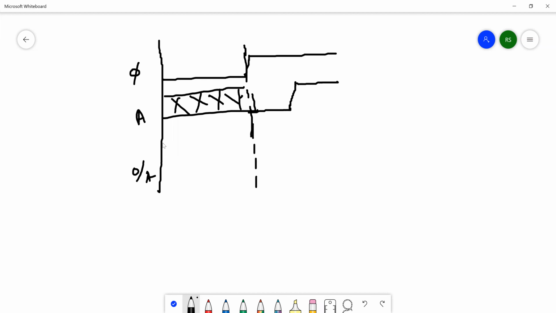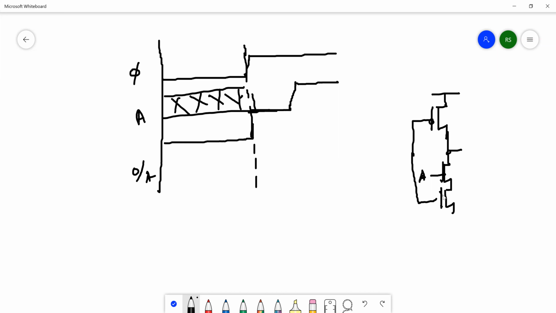So up to this particular point, output is going to be high. And at this point, the input A is 0. So I'll draw the circuit again. One PMOS transistor, one NMOS transistor that is given the signal A, and one more NMOS transistor which is getting this clock signal phi. And this is the output node.